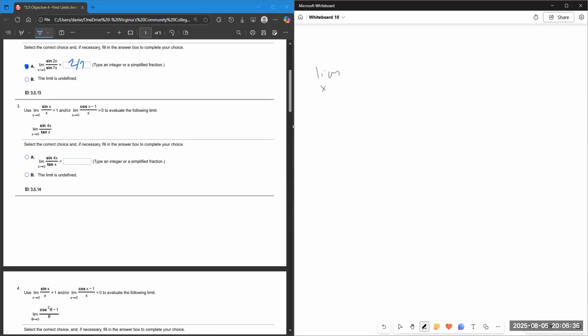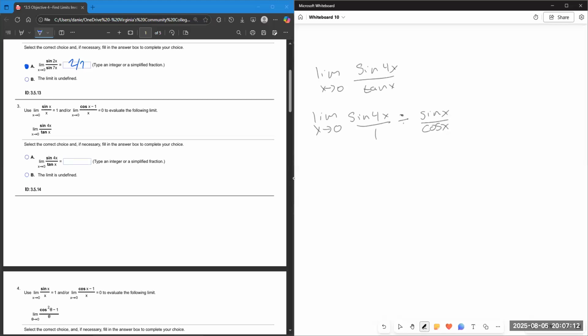Limit as x goes to 0 of sine of 4x over tan x. So this is the same thing as limit as x goes to 0 of sine of 4x times, let's just say divided by sine x over cosine x to start off with right now.